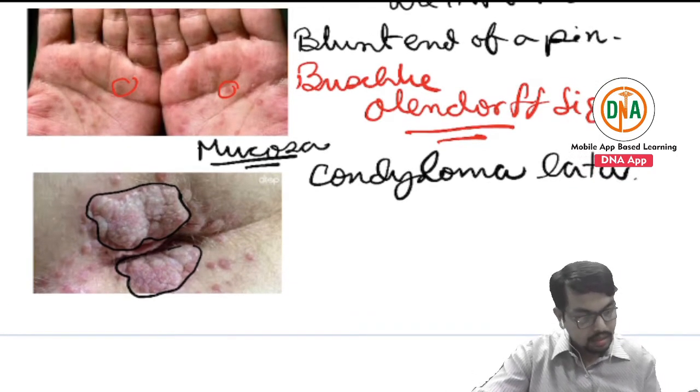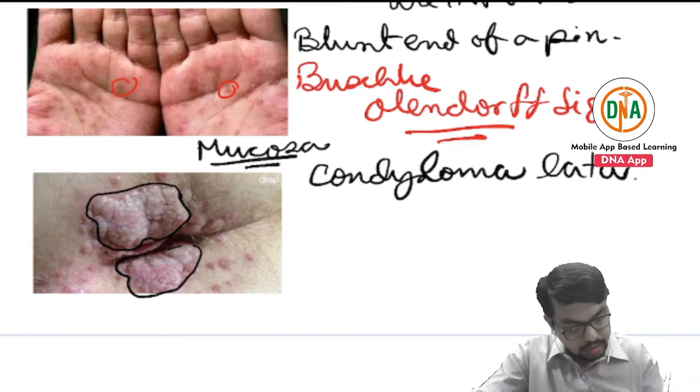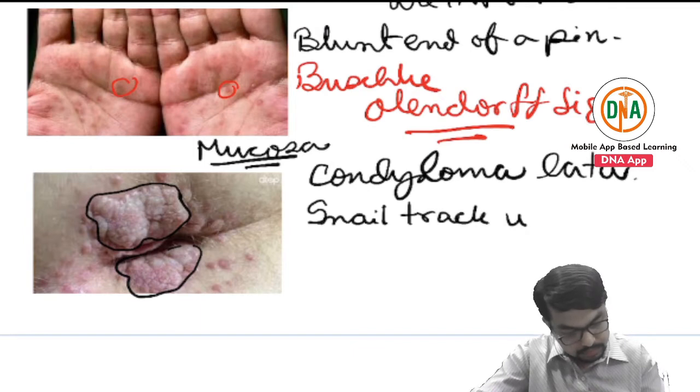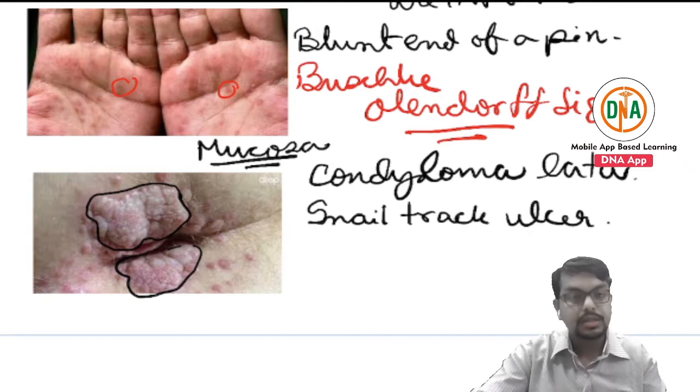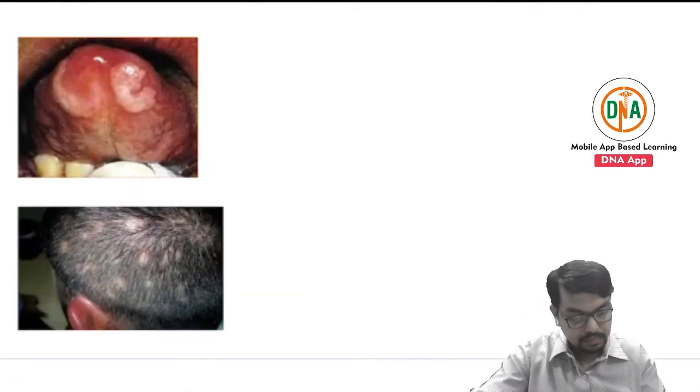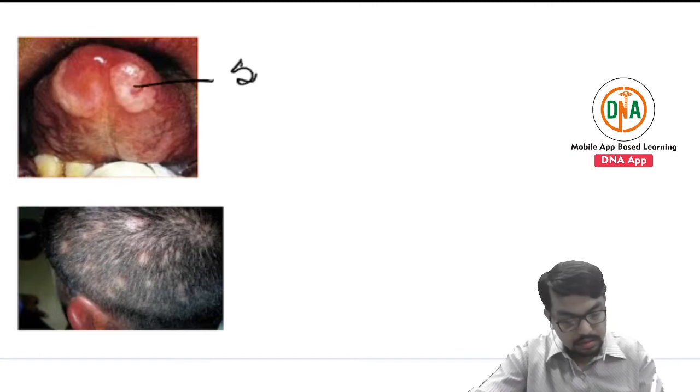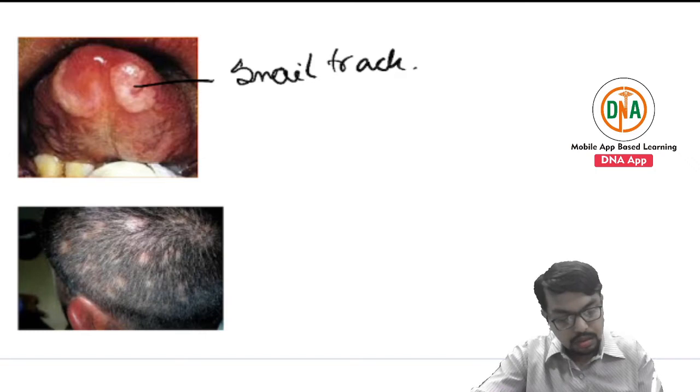Next, in the oral cavity you will get snail track ulcer. This is the snail track ulcer of oral mucosa.